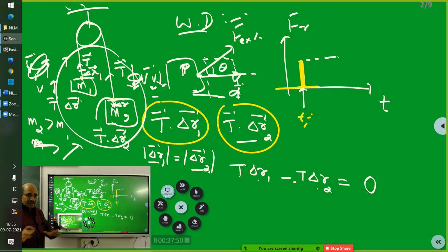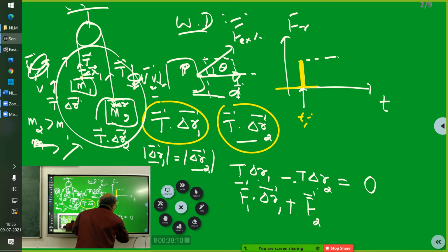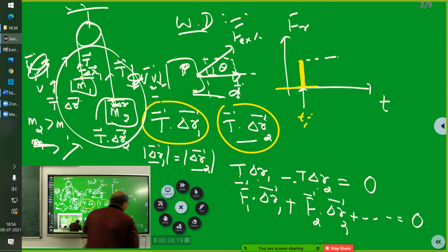Sometimes in some links there is no tension. Supposing you are using a rod, then you will not use the word tension there. So in general, I will say F1 bar dot delta R1 bar plus F2 bar dot delta R2 bar plus so on, and that must be equal to 0.